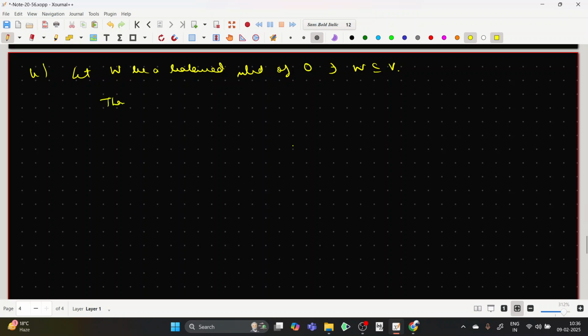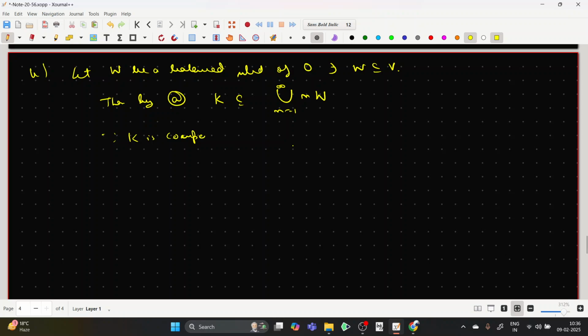Then, by the previous proposition, K is contained in the union of nW, n equals 1 to infinity, because such sets will scale the whole of X, right? But K is compact.